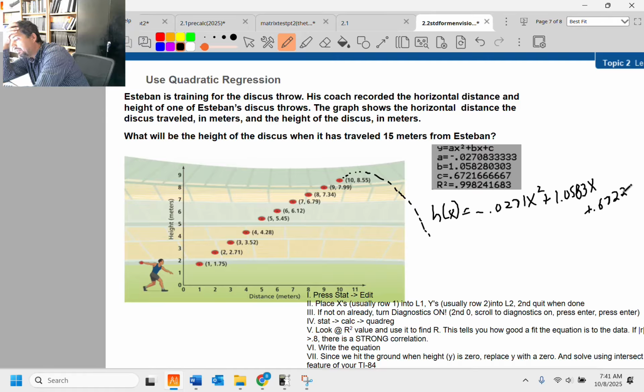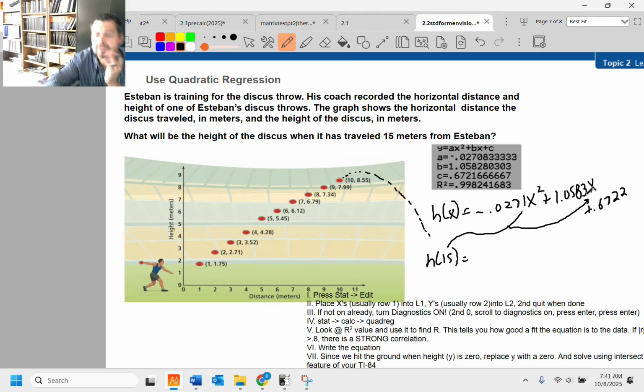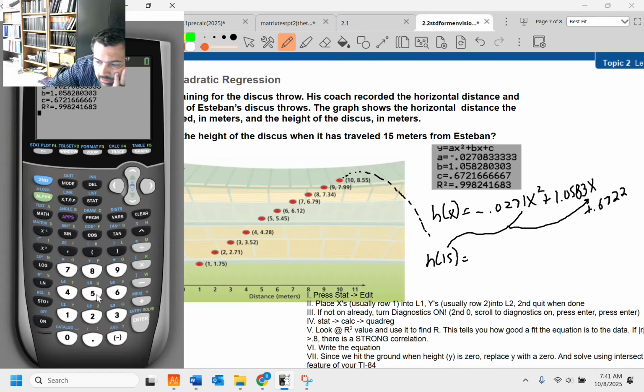Now if I want the height at 15 meters, I'm going to put a 15 everywhere I see an x. A little short on time. It looks like I've got about 2 minutes before I have to let you guys in. First off, my bad. Take 15, store it to x.